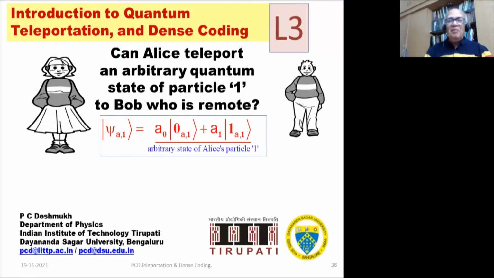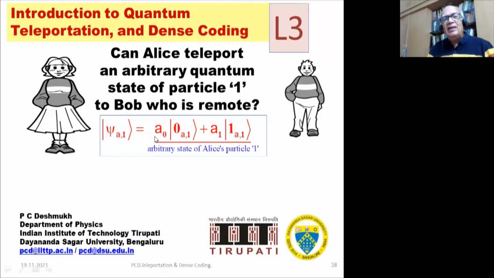In our previous lecture, we figured out how Alice succeeds in teleporting a quantum of information. She had a qubit in a state of superposition represented by a point on the Bloch sphere. This is the superposition state in possession with Alice.